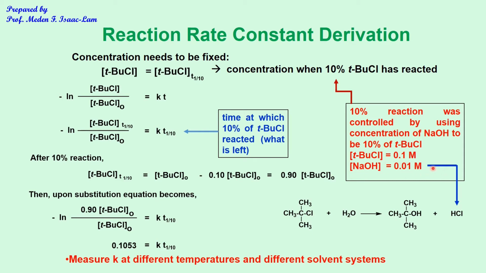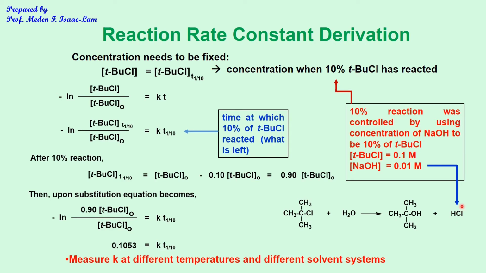It will now neutralize the acid. It's an acid-base reaction. The amount of base that we added at the beginning is fixed. It will not change. However, the hydrochloric acid that is being produced will change until all of the 0.1 molar is converted to the products.